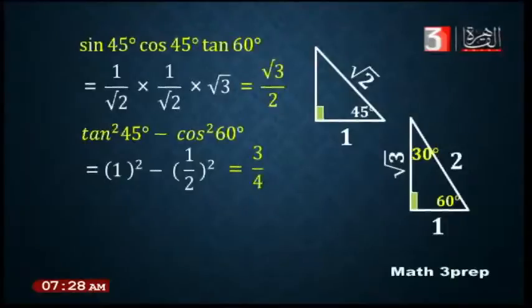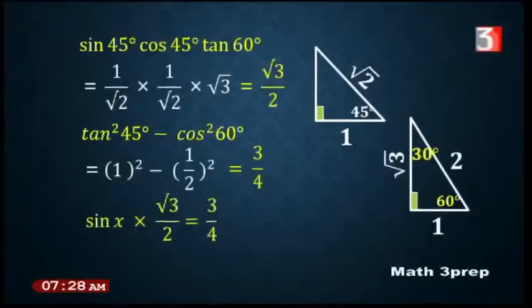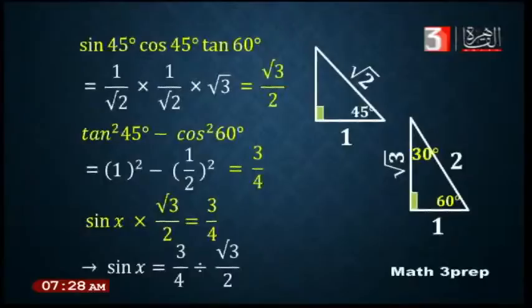Then you are going to obtain sine x multiplied by root 3 over 2 equals 3 over 4. By dividing both sides by root 3 over 2, sine x equals 3 over 4 divided by root 3 over 2, to obtain a result as root 3 over 2.